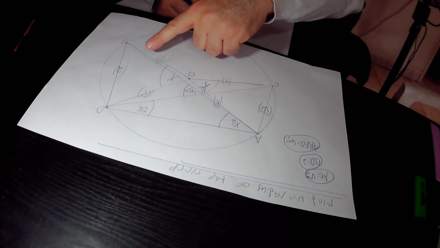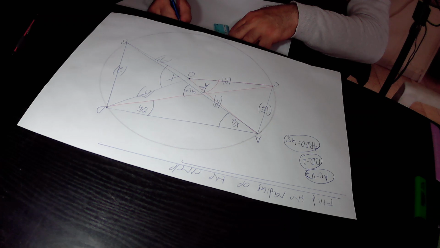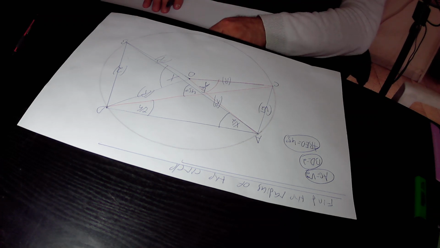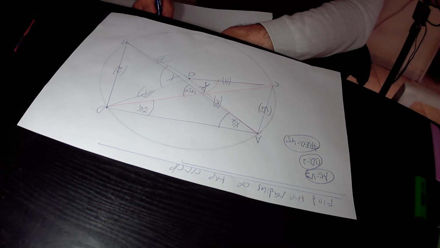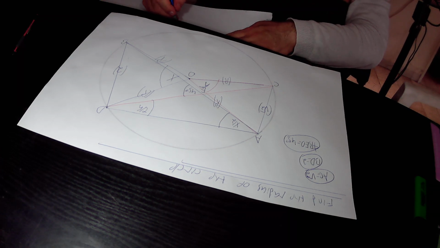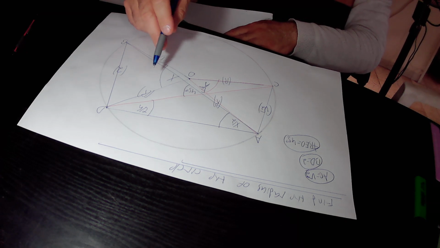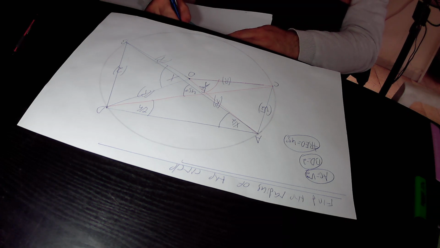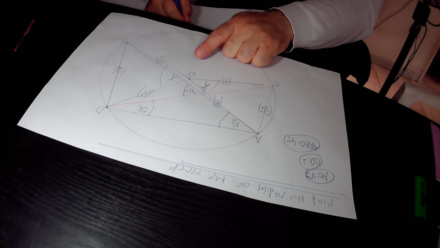Side DB equals 2 units in length. OD equals R, it is the radius of the circle. OB also equals R, it is the radius of the circle.